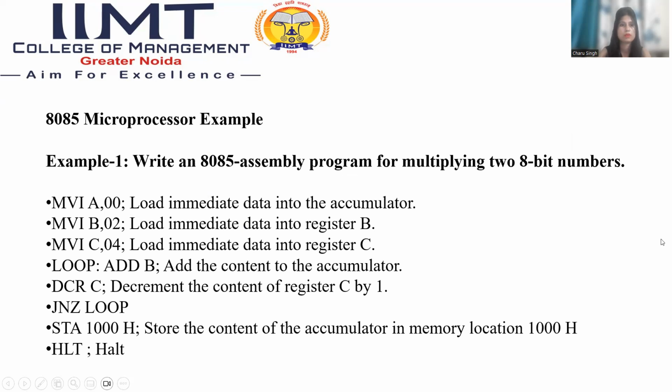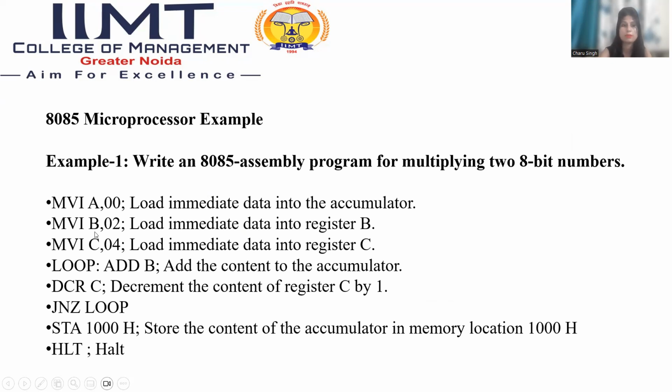Here is an example of a microprocessor 8085 program. We have to write an 8085 assembly program for multiplying two 8-bit numbers. First of all, MVI A, 00, that means load immediate data into the accumulator.